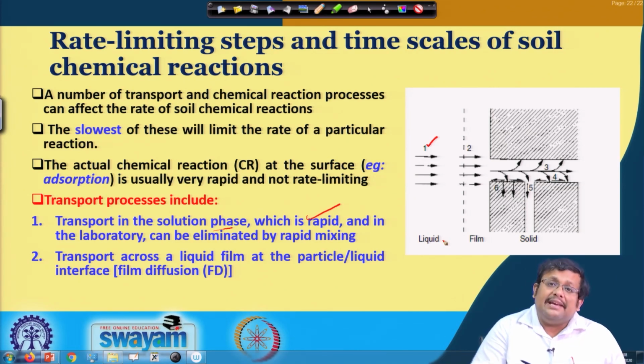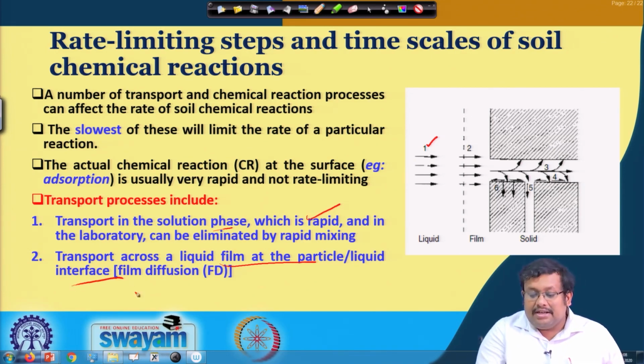So, the second process is known as the transport across a liquid film at the particle liquid interface, which is also known as film diffusion, and this is basically denoted here. So, the first one, that is transport in the solution phase, is denoted by E1, whereas the transport across the liquid film in the particle liquid interface is denoted by these 2.